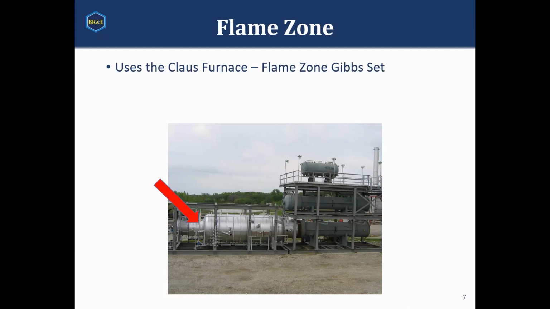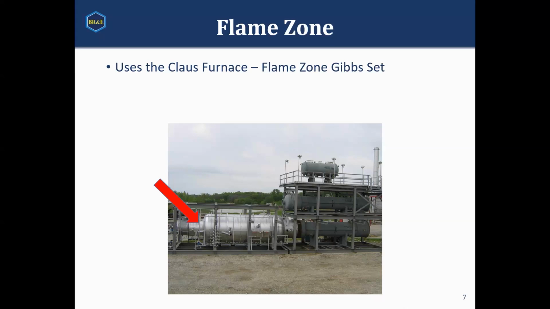We'll use a Claus furnace flame zone Gibbs set, so we're still using a Gibbs set in this case. And the flame is going to be modeled sort of where the red arrow is. So that red arrow on the silver pipe that's going into the main chamber is approximately where the flame for the SRU burner is going to be.